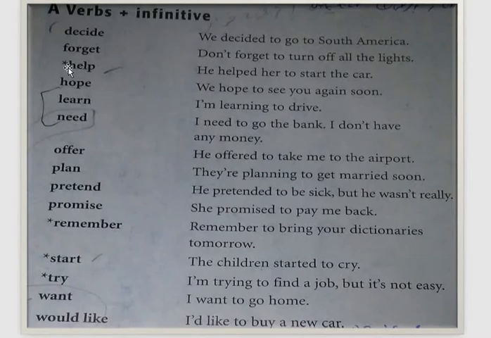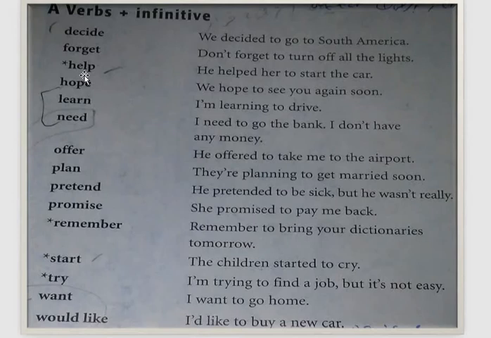Look here, we have some notes on these verbs. Some verbs have stars on them, a mark assigned to them, like the verbs help, remember, start, try. What does it mean? It means we can use those verbs with verb plus infinitive or verb plus ing.